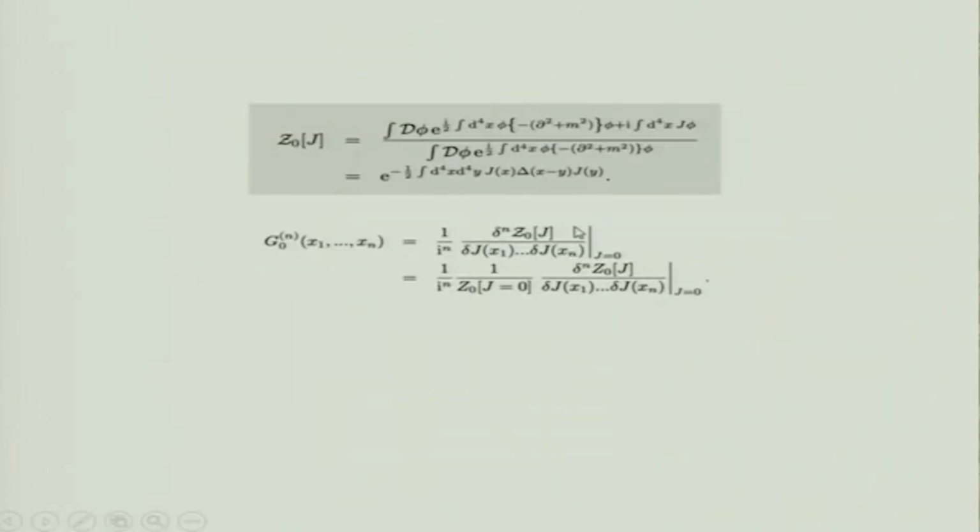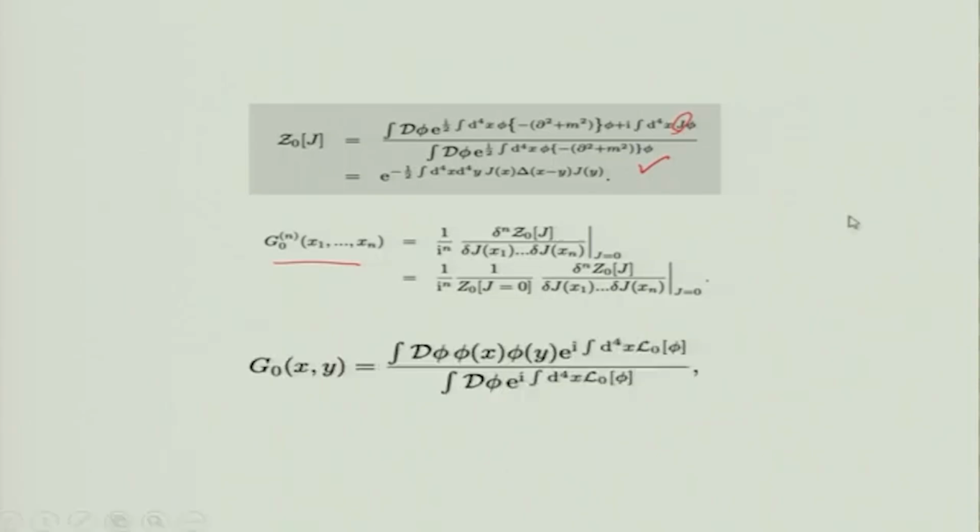Now once we have this, then I can compute the correlation functions or Green's functions by taking derivatives with J. I may have discussed this before. The correlation function is the most important thing, spin correlations, field correlations, and this is in real space.